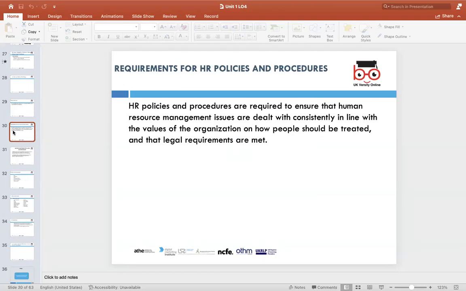The HR policies and procedures might be required to ensure that HR management is dealt with properly and in line with the values of the organization. So they are keeping these strategies in place. They know that if someone misconducts, for example, there are already plans in place and legal requirements that we might have to follow while treating such people.